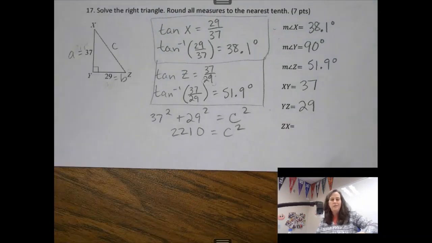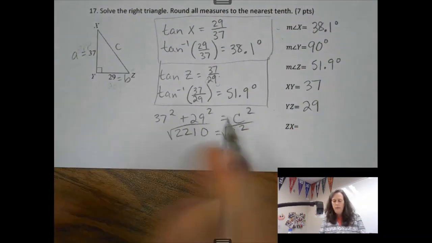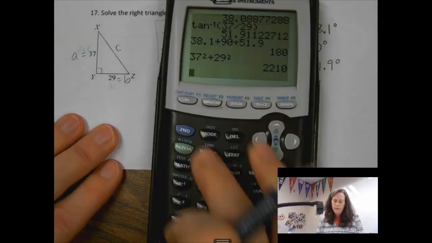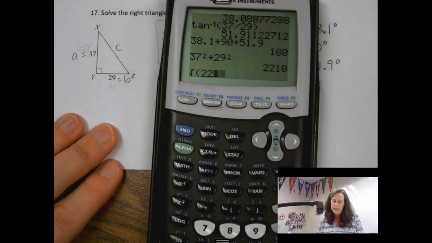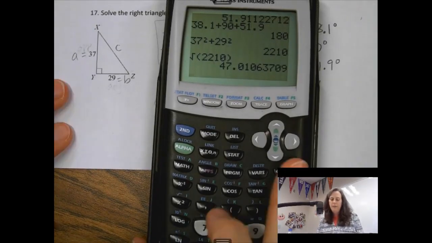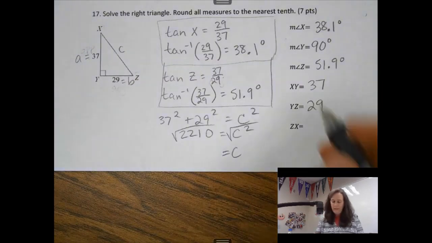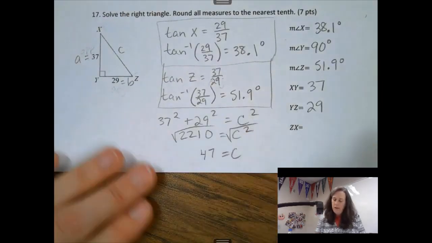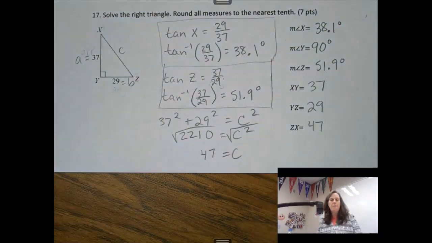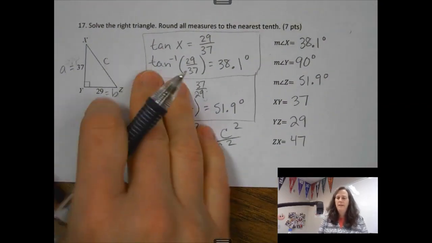But I just want C, square root. What is the square root of 2210? 47 point, we're going to say 0. 47. Almost exactly. 47. Done. All right. We solved that triangle.